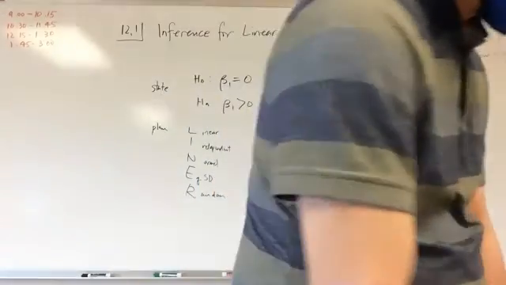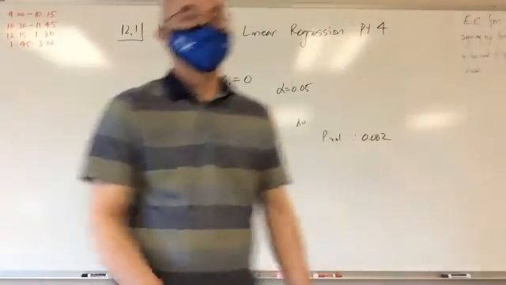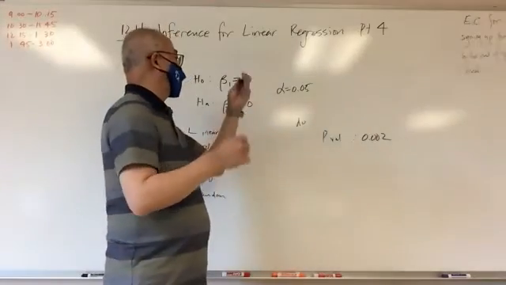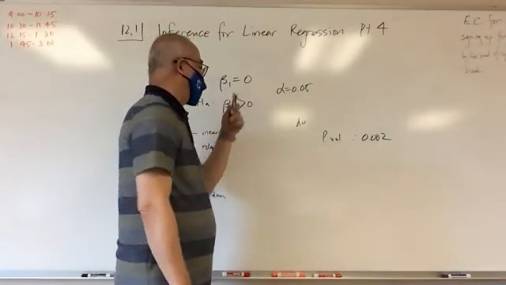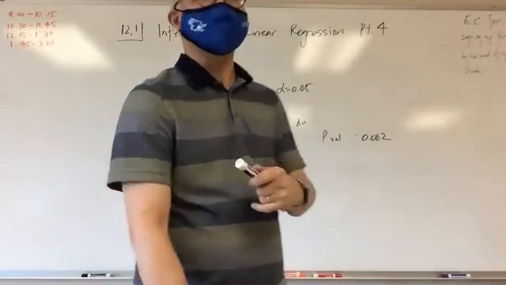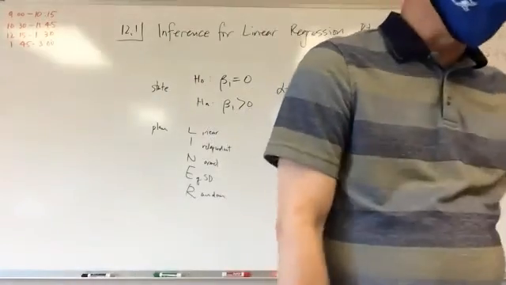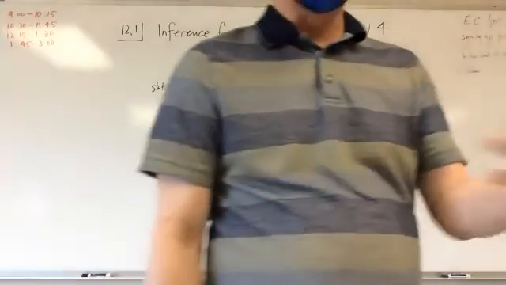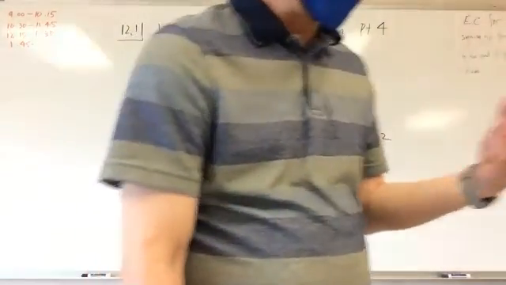Okay. So p-value is less than alpha. Therefore, we reject the Ho. We have convincing evidence for the Ha, which means that yes, the more you cry, the higher your IQ.